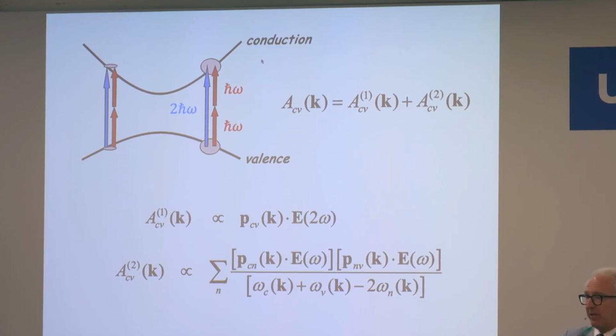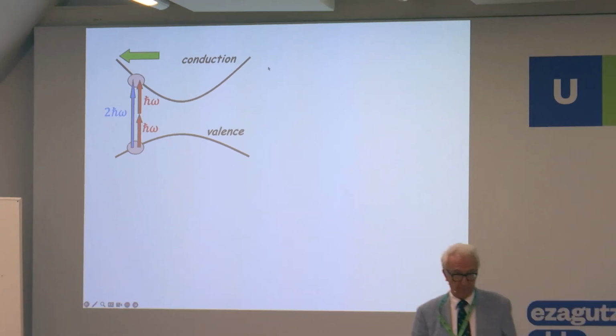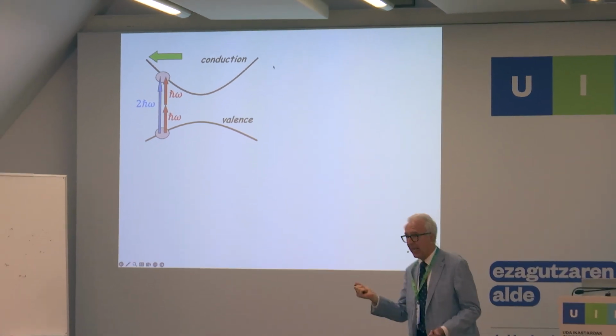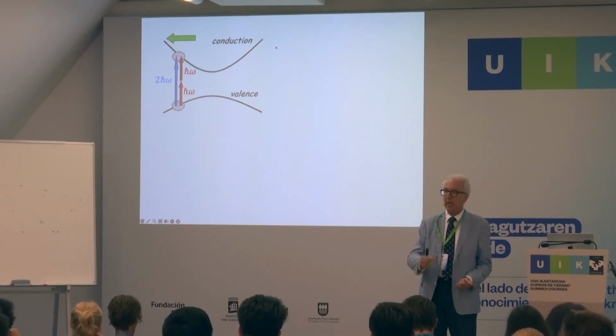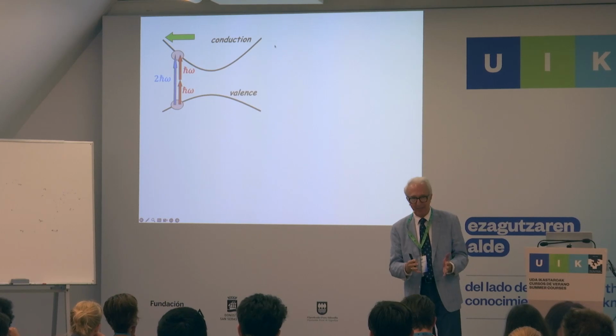Or by changing the phase of the E of omega and E of 2 omega fields, I can get it almost going just in one direction. People are investigating this to measure the carrier envelope phase in very short pulses. So there's a practical application for this.